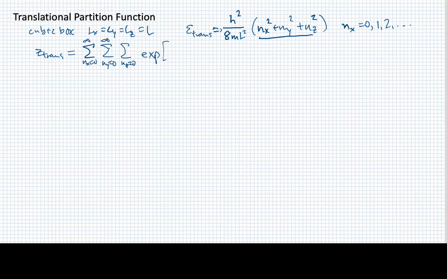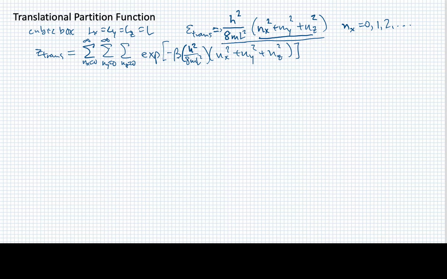I'm going to write out this exponent like this instead of e to the, but it means the same thing. And I'm going to use beta instead of kT, so this is going to be equal to e to the minus beta times E trans, which is this expression here, so I'm just going to write it all out: h squared over 8mL squared times nx squared plus ny squared plus nz squared.